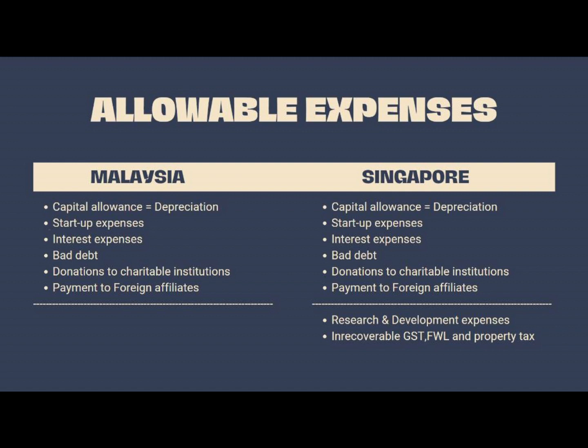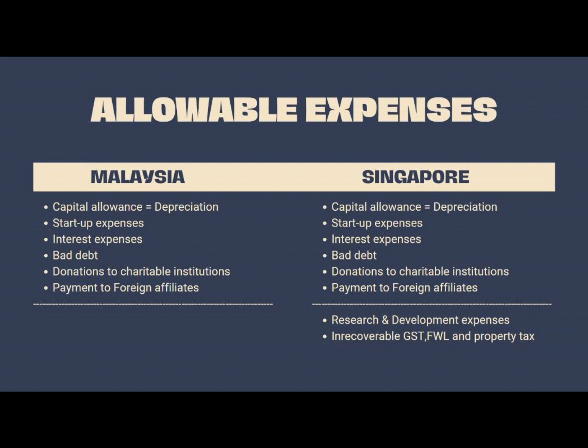From the year of assessment 2019 to 2025, an enhanced tax deduction of 250% of qualifying expenditure is available for R&D carried out in Singapore, subject to conditions. Where the R&D is carried out overseas, a deduction of 100% of qualifying expenditure is allowed.